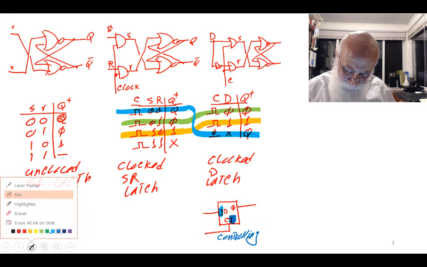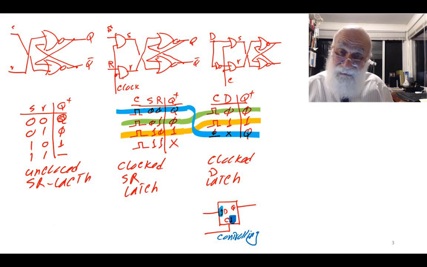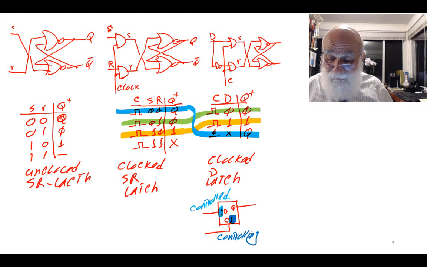And when I use a number on the left hand side, that means whatever signal is controlled. And this is exactly according to the definition that we talked about, which means that the input is controlled by the clock input.